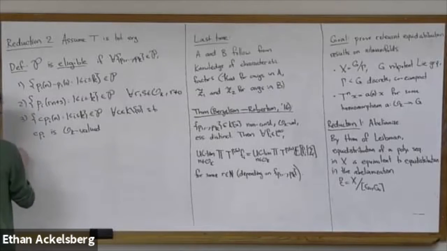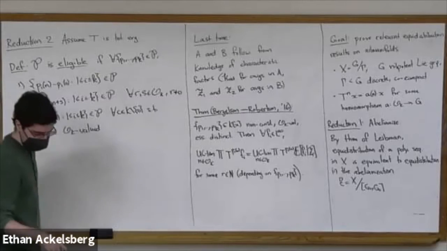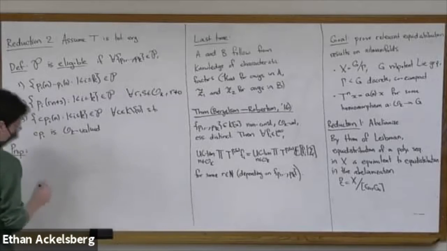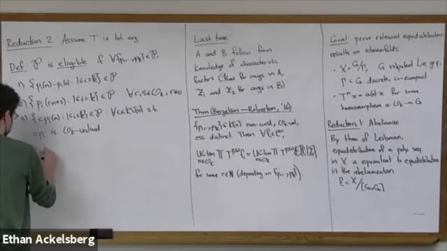And what's helpful here is, how do I write this? Okay, so let's just say P is some eligible collection.